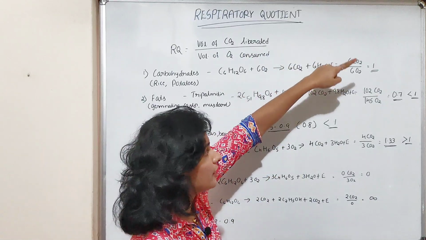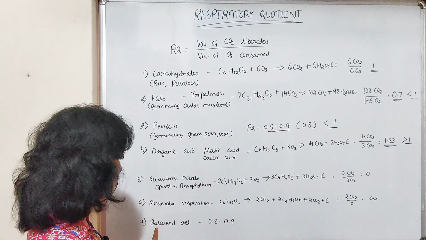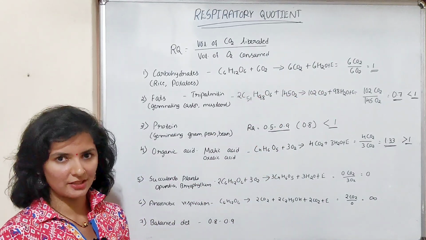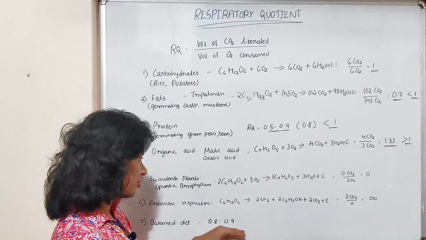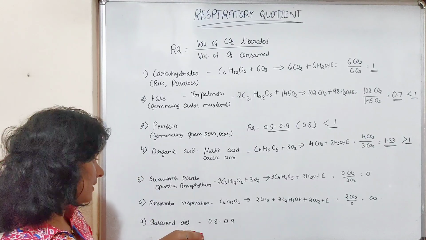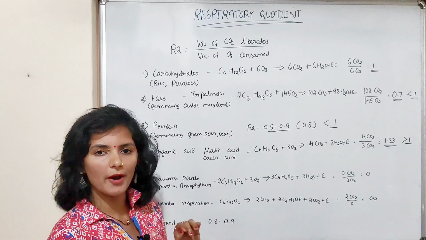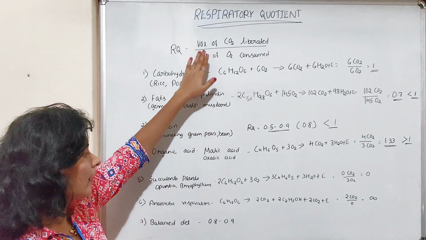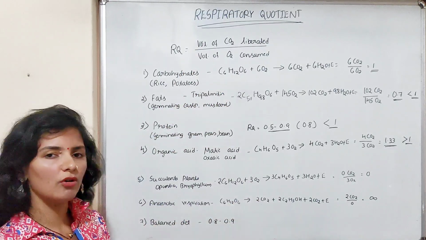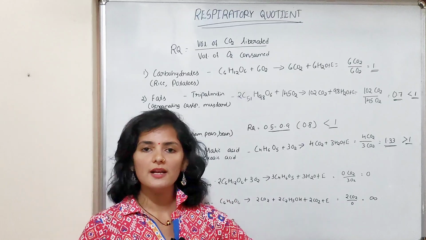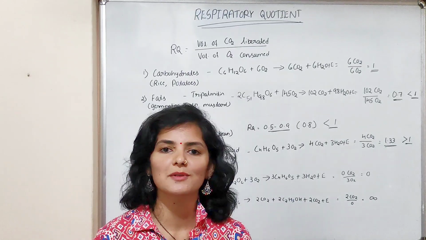If you take the average of all three, you will get the RQ value of the balanced diet, which comes around 0.8 to 0.9. So the RQ value of the balanced diet is 0.8 to 0.9. So that is about the RQ value or respiratory quotient of different substances or different substrates. That is all about the respiratory quotient.